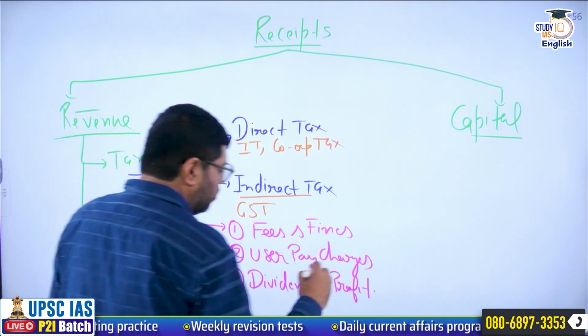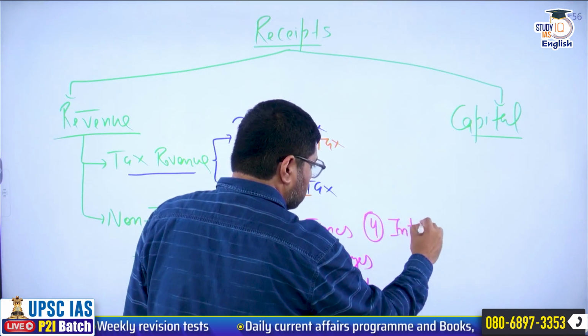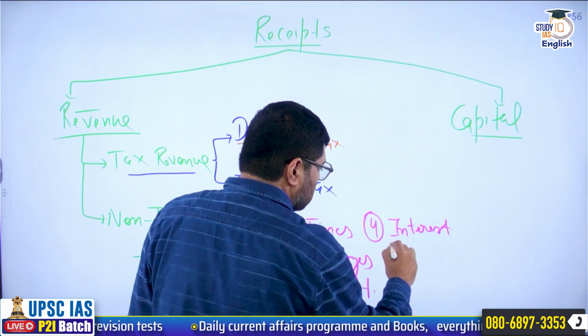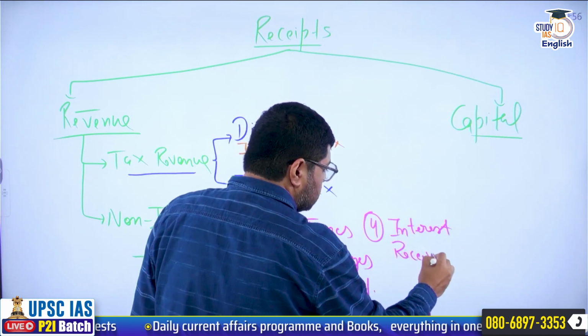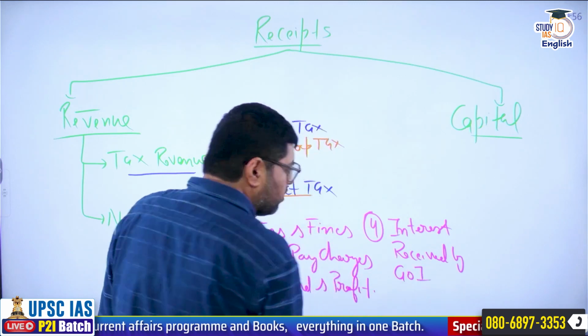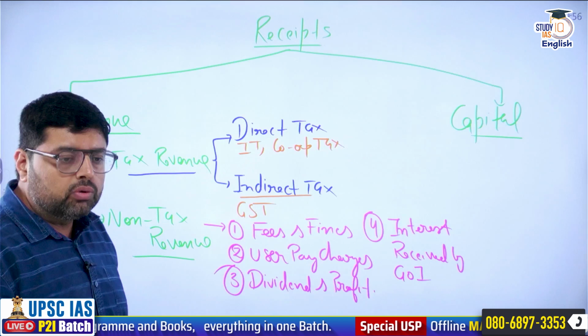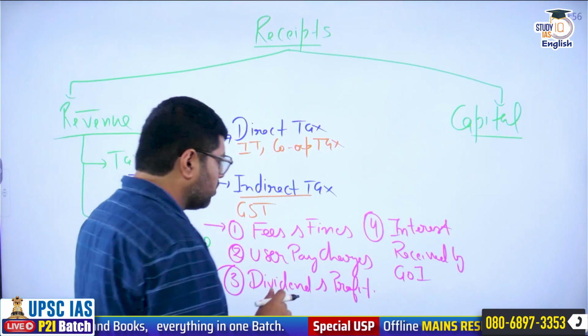Non-tax revenue includes interest received by Government of India. So whatever loan that Government of India has given, they are receiving interest for that. So it comes under non-tax revenue.